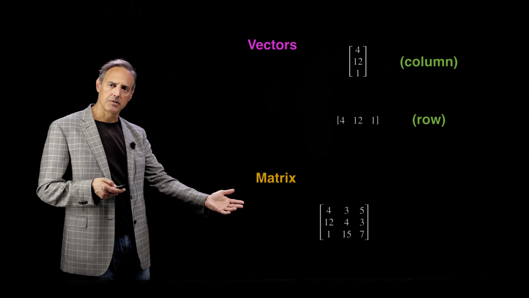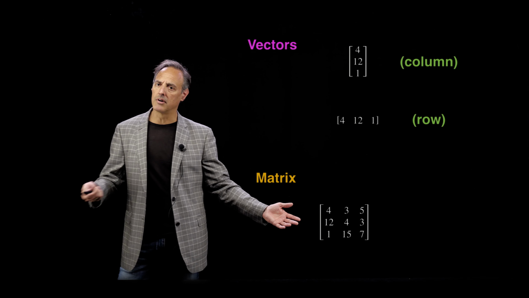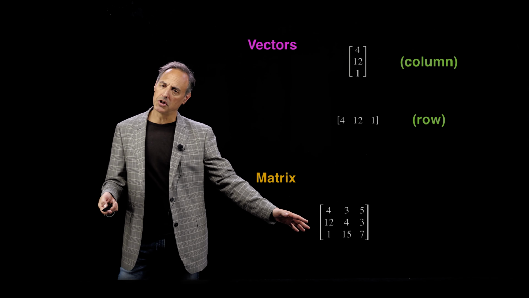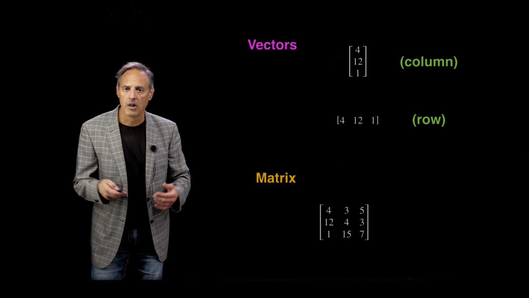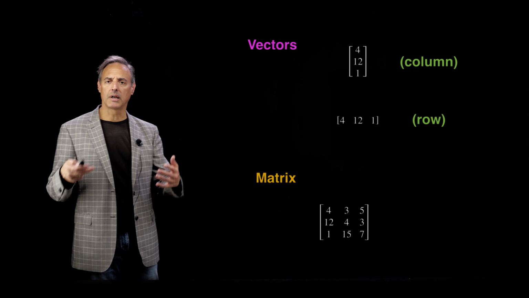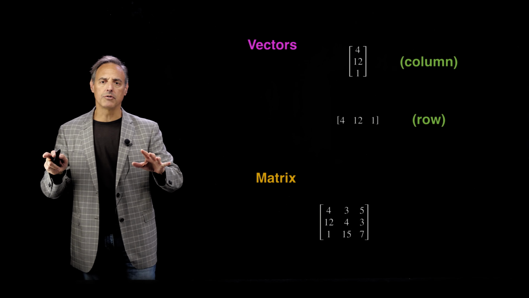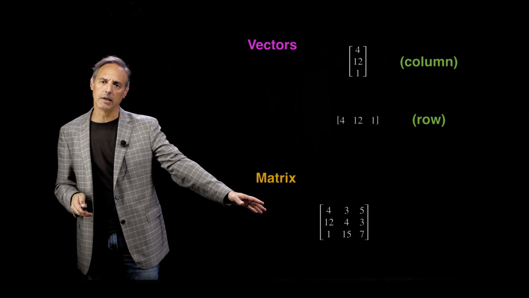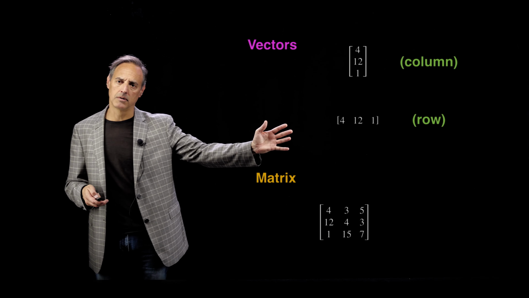A matrix is an object which has a given number of rows and a given number of columns. So for instance here, this is a 3x3 matrix. So it's 3 rows, 3 columns. Depending upon what you are doing in your application, almost everything you're going to be aiming for is to put all of your data or all of your computation organized into typically a set of matrices and a set of vectors. Okay?